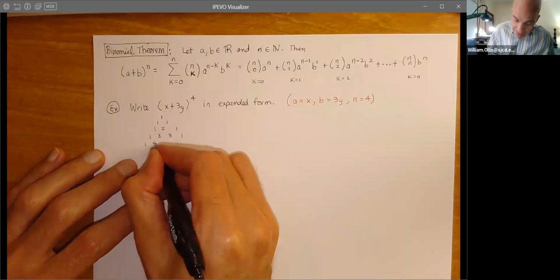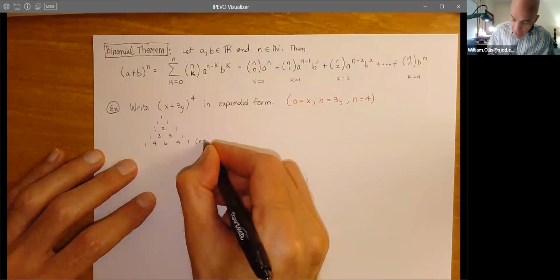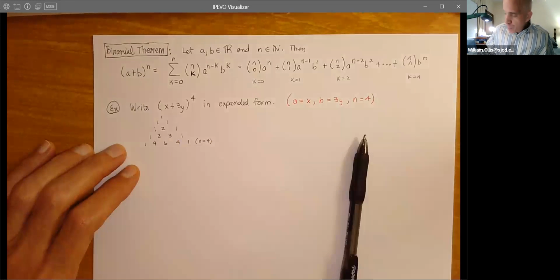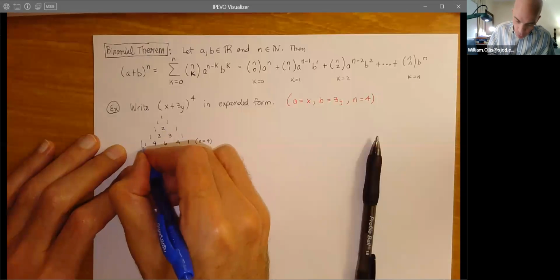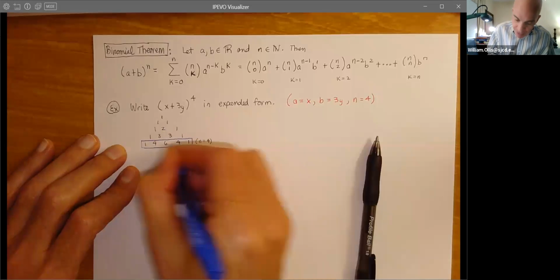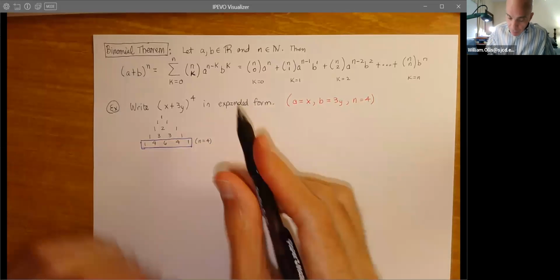So 1, 4, 6, 4, 1. So this is the n equal 4 row. So now we're thinking, all right, good. There are coefficients, at least accepting any signs and any numbers that creep into the calculation.